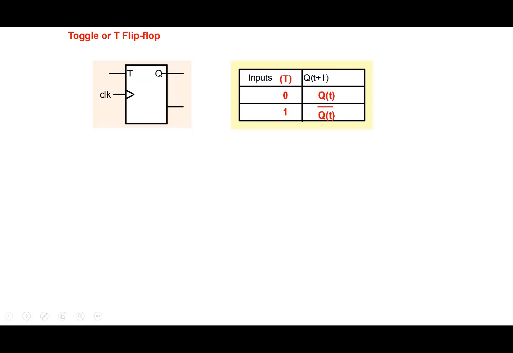If Q is 0, then it becomes 1, and if Q is 1, then it becomes 0. That's where it gets the name toggle, but that happens only when T equals 1. If T equals 0, then it's in the hold state. So it's easy to write Q(t+1) equals Q(t) bar T plus Q(t) T bar. We can write this characteristic equation here.